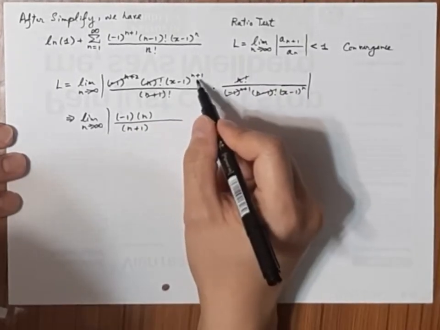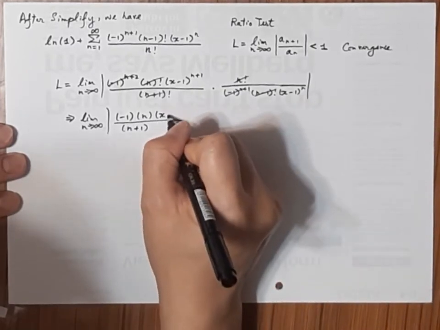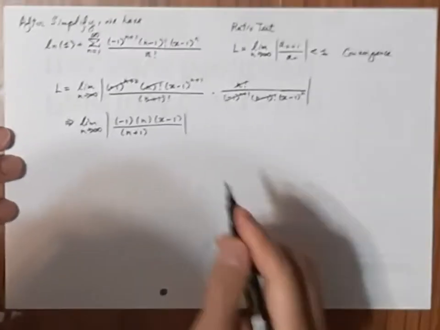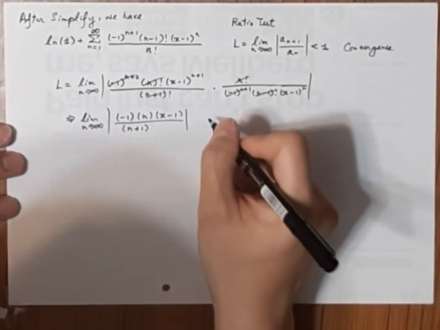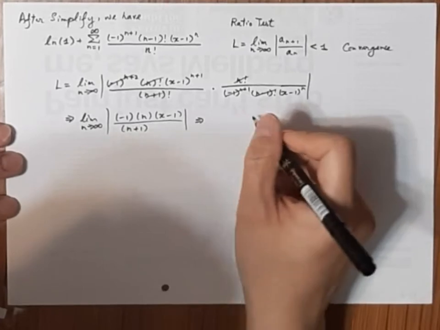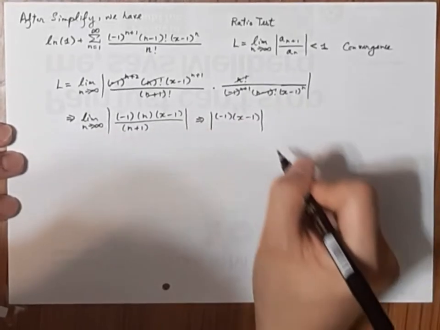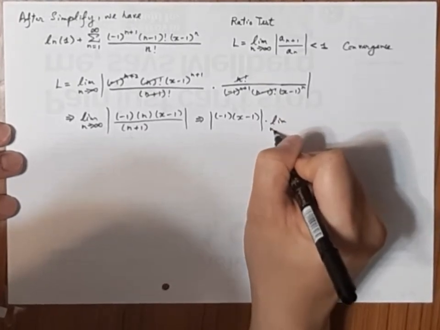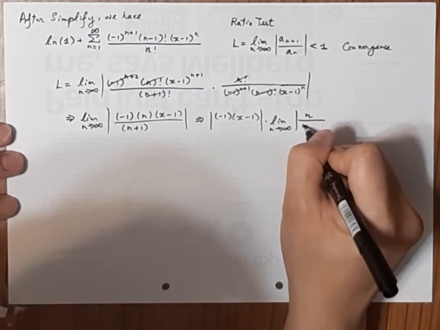X minus 1 to the n plus 1 over x minus 1 to the n, so we have x minus 1 at the top. In the limit, we take out all the terms where there is no n, so we only get the absolute value of minus 1 times x minus 1. Take out this, multiply by the limit as n tends to infinity of the absolute value of n over n plus 1.